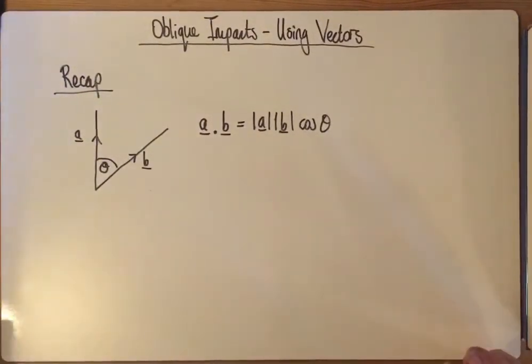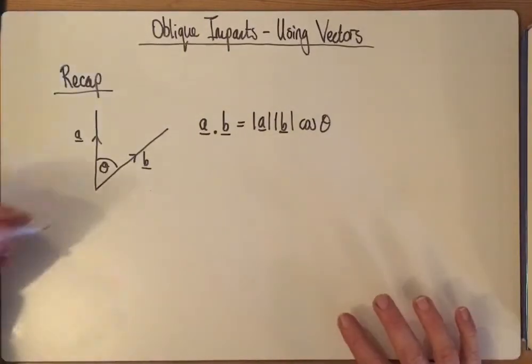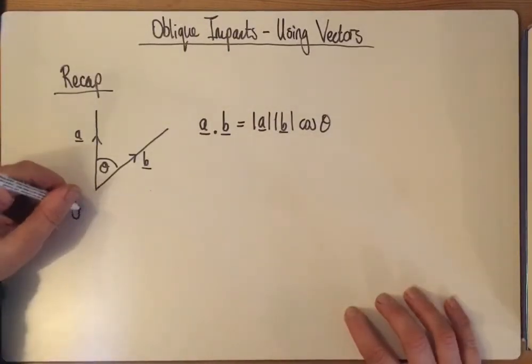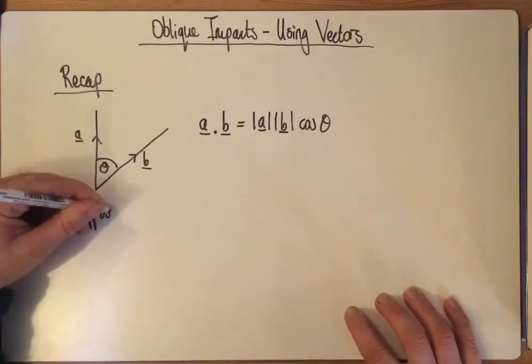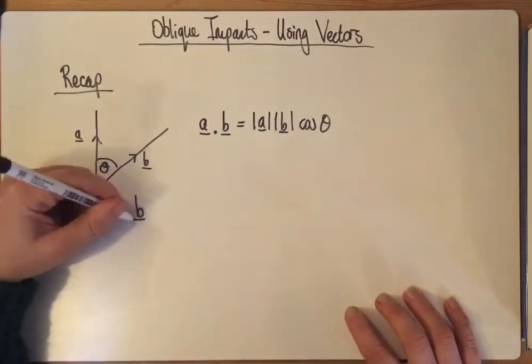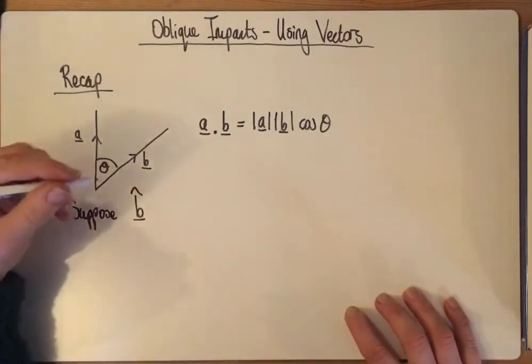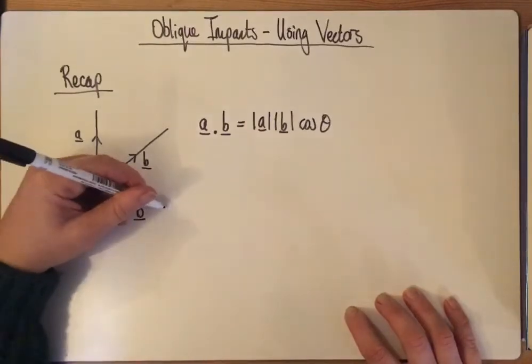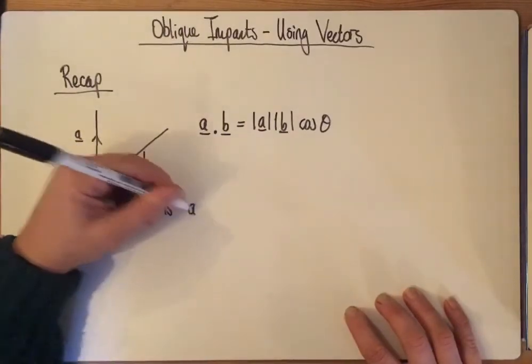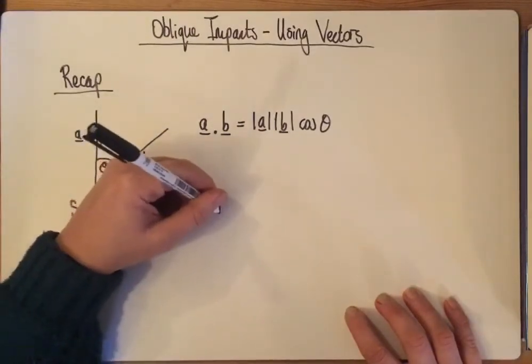What we're going to do now is actually work with unit vectors. So if we suppose that this is a unit vector in the direction of B, so that's actually notation for that.